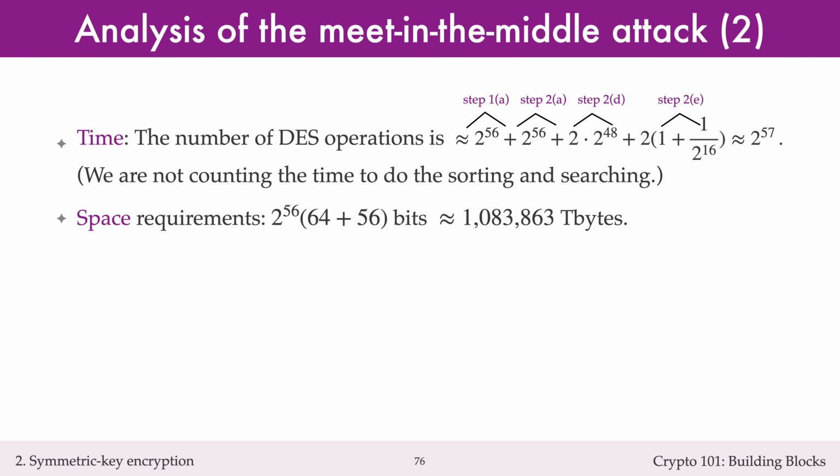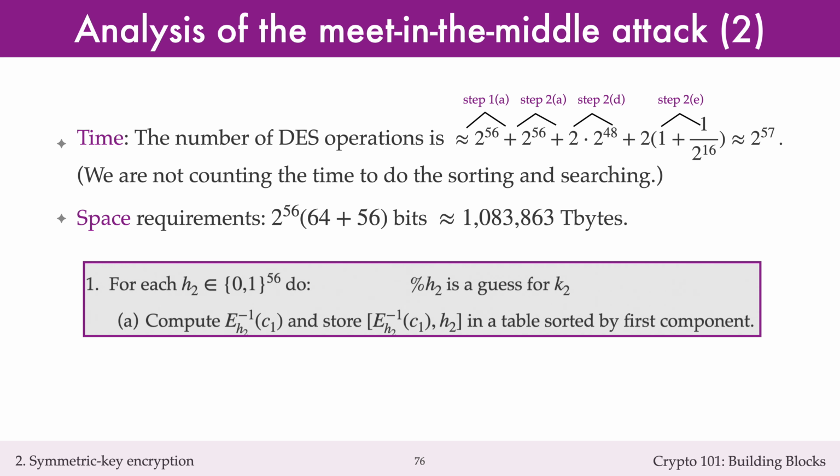However, I've neglected the space requirements of the attack. Recall that in step 1a, we store a table of all DES keys H2 and the decryption of C1 using H2. Each table entry has length 56 plus 64 bits. There are 2 to the 56 table entries, one for each key H2.